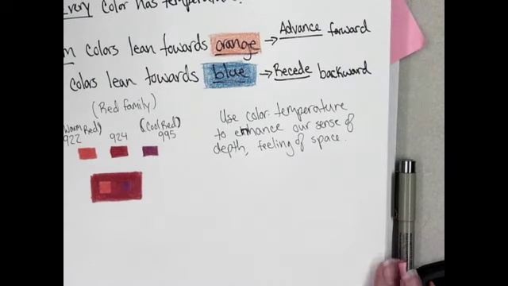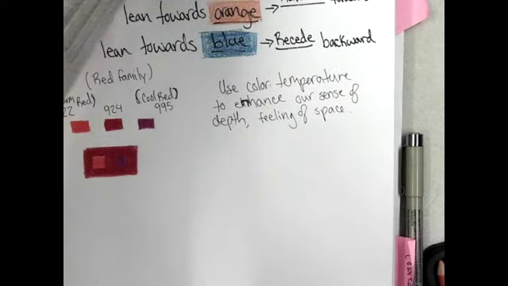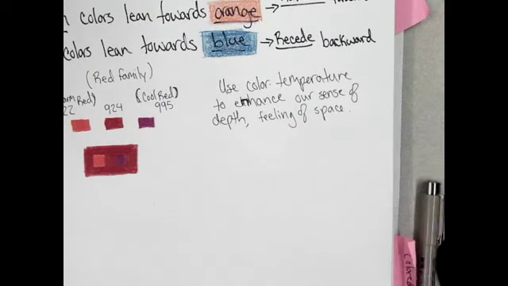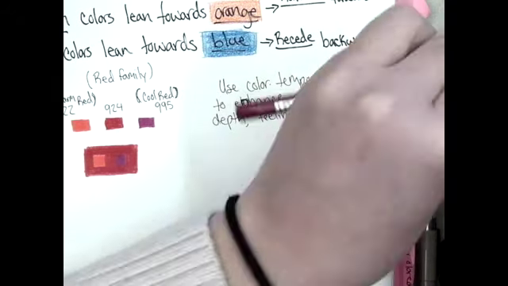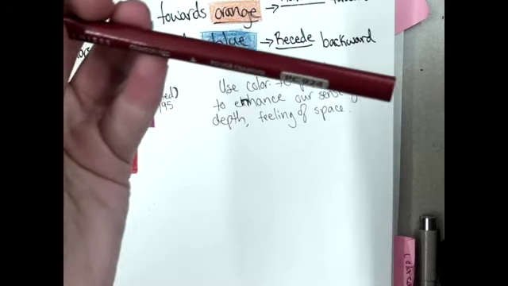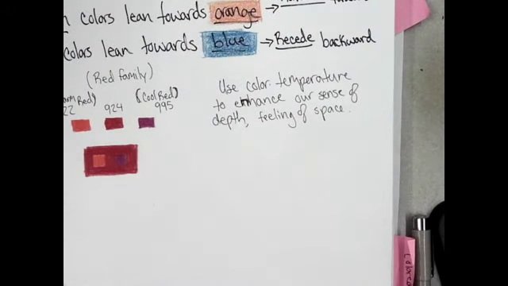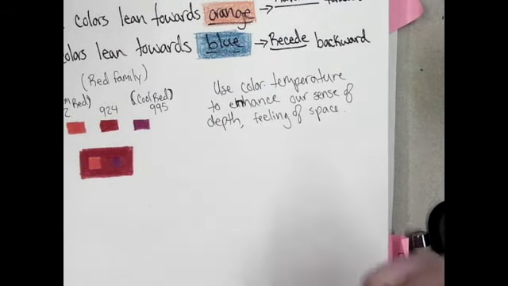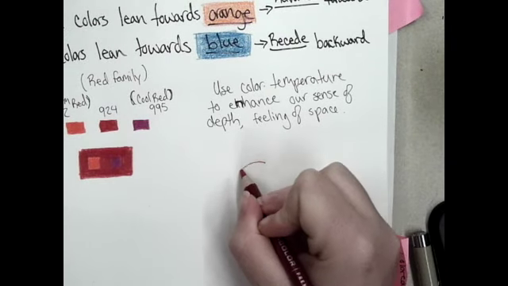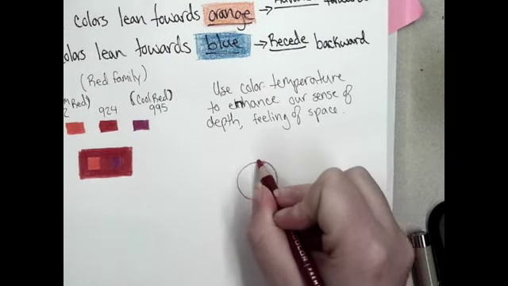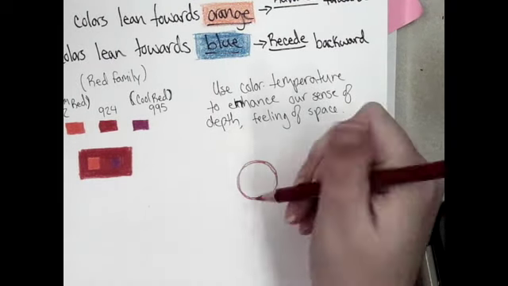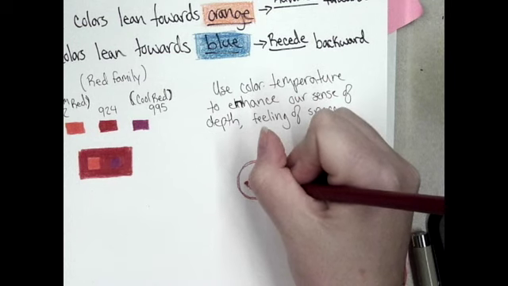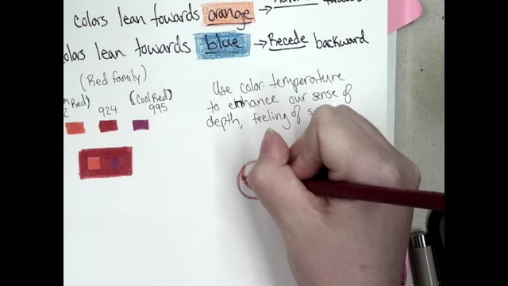We can also use this to enhance singular forms. So let's take our normal red. I need to sharpen mine. Sharpen yours if you need to. I'm going to take my 924 and let's do just a little sphere. It doesn't have to be too big. But you still have to shade it with parts of the form, parts of a shadow.